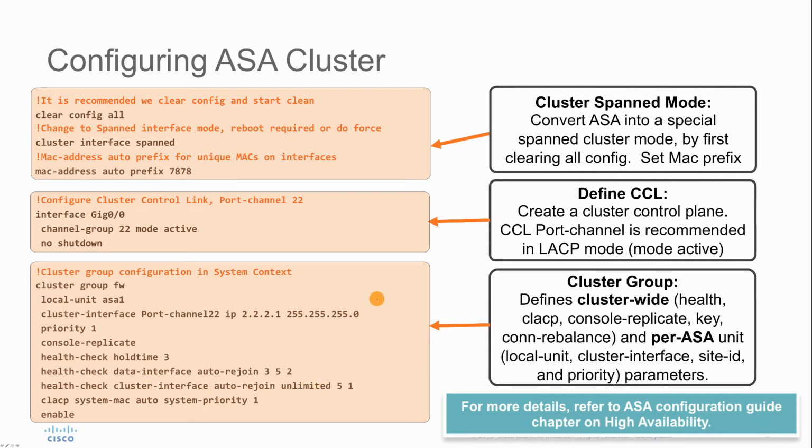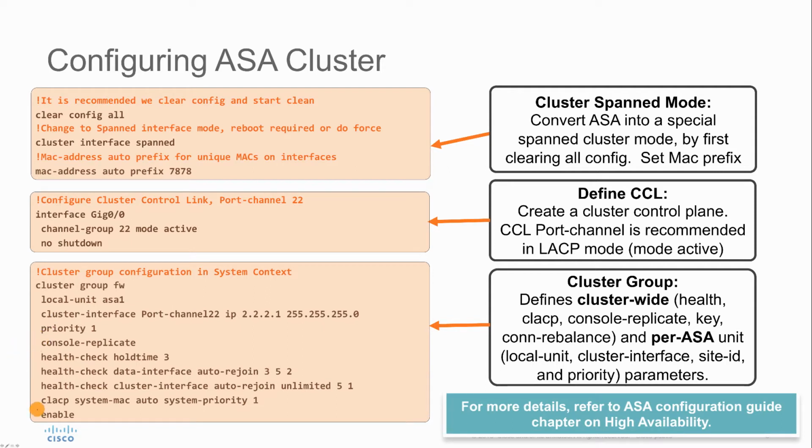And finally, we have our cluster group configuration. We have these three commands be unique per ASA unit: its name, the cluster interface IP address, as well as priority, which should be unique per every unit, so we can elect a unique master in any case of failures within a cluster.